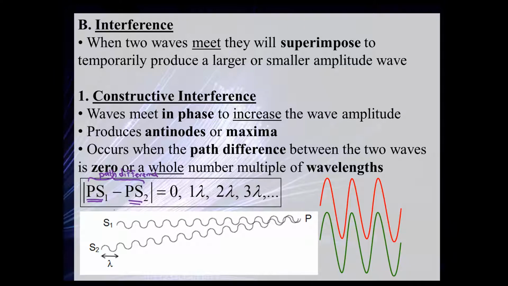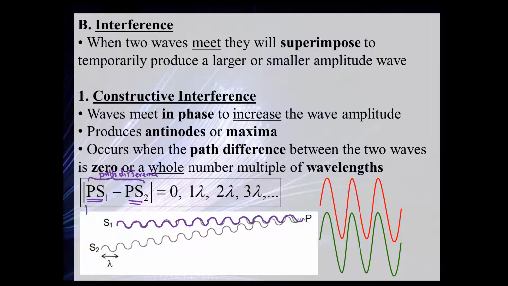Okay, now I'm just going to show you how this works in terms of wavelength. If we broke down the distance PS1 in terms of the number of wavelengths, let's count them. Let's start at S1. We'd have one wavelength, 2, 3, 4, 5, 6, 7, 8, 9, 10, 11, 12.